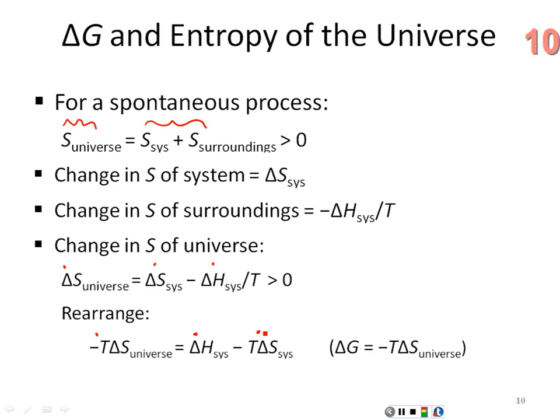So this is a way that we can get to know if a reaction is spontaneous or not by easily measurable terms. We can measure delta H of a system, that's the heat of reaction. We can also measure delta S of the system, and we know we can measure temperature. So this gives us a way to calculate the spontaneity of a reaction or a process with easily measurable variables.